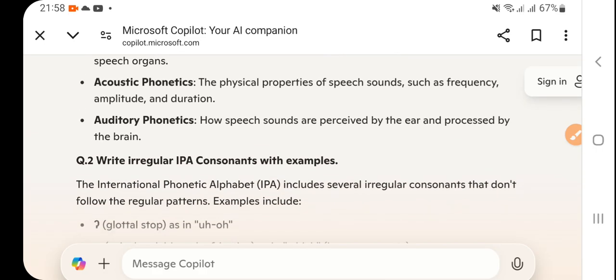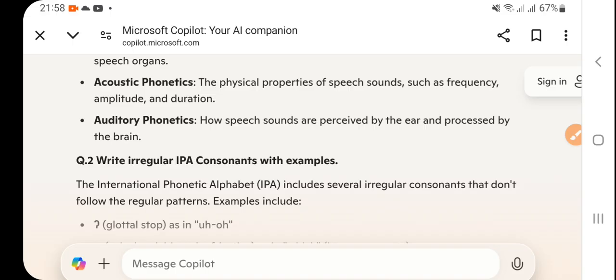Then acoustic phonetics covers the physical properties of speech sound, such as frequency, amplitude, and duration. Like I'm speaking here, some of the words I'm repeating, some are in a raised voice, some in a lower voice. This is acoustic.